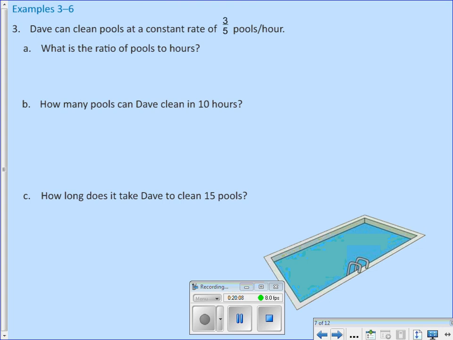If I wanted to come over here and make my key like we always do, what does that mean? Yeah, he can clean 3 pools in 5 hours. Perfect, that's what that means.